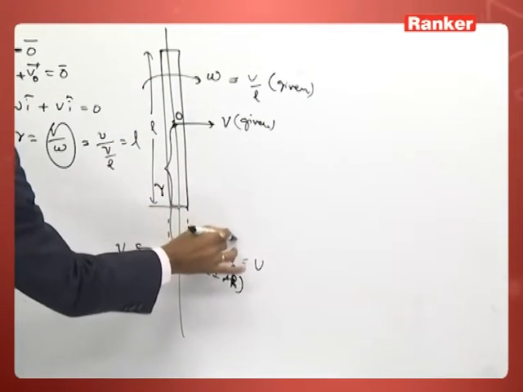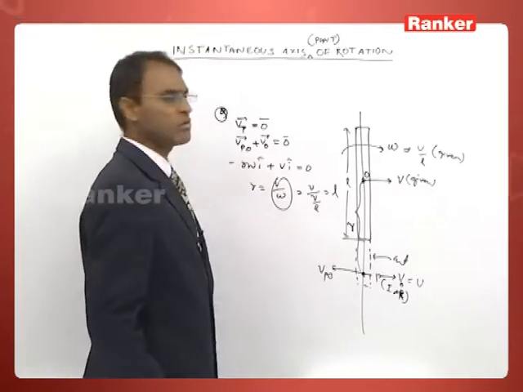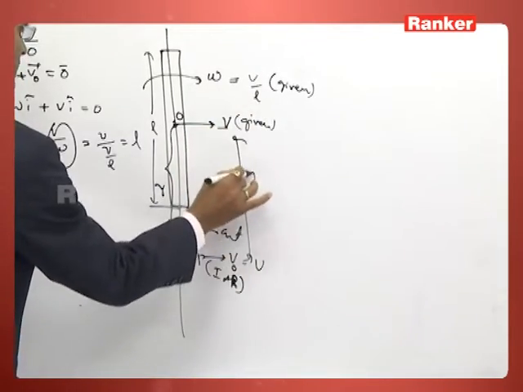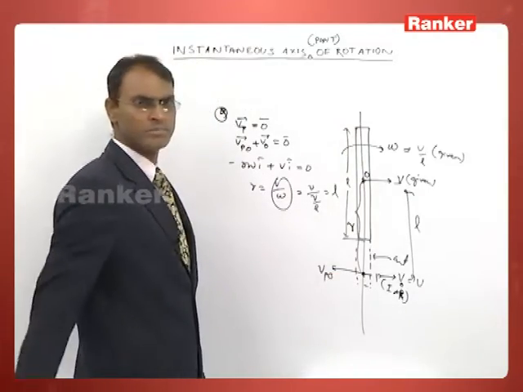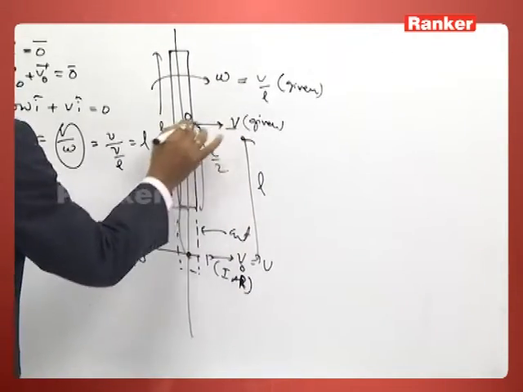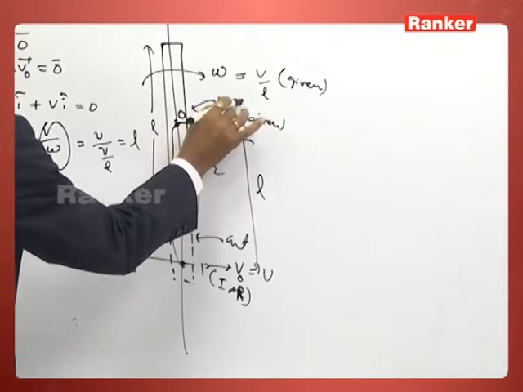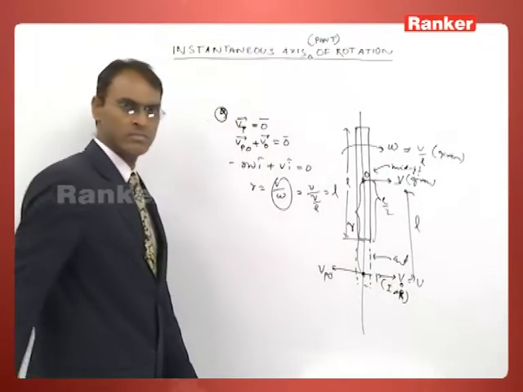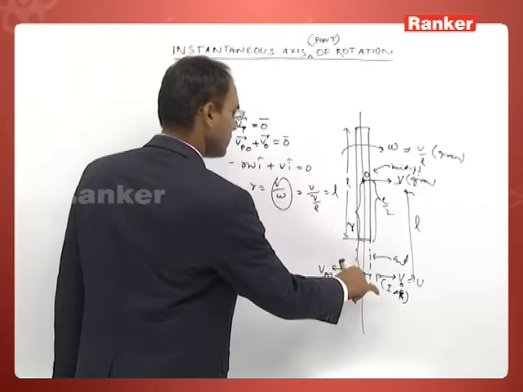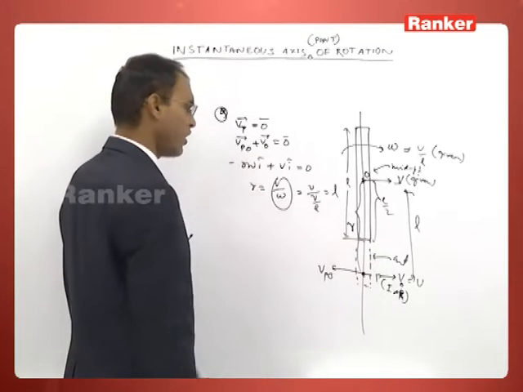This is the outside point because from O to this point, the distance is L, where L is the length of the rod. This distance is L by 2 because this point is the midpoint. Therefore, this point, that is the instant axis of rotation, is lying outside the rod.